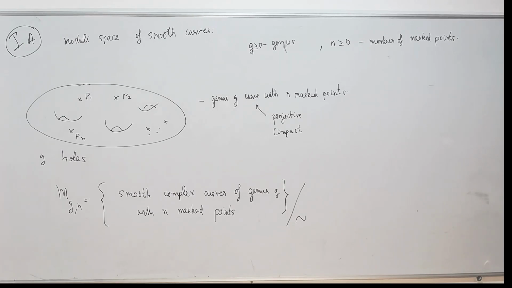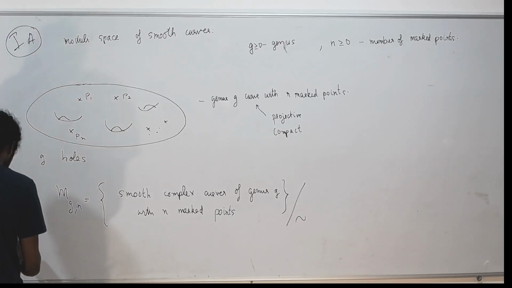Okay, so this is a perfectly well-defined set, but we want more. We want to understand the geometry, so we want to give it more structure. We want to think of it either as an algebraic variety or maybe as a manifold. So the first main problem is that there is geometry, but it's not so simple.